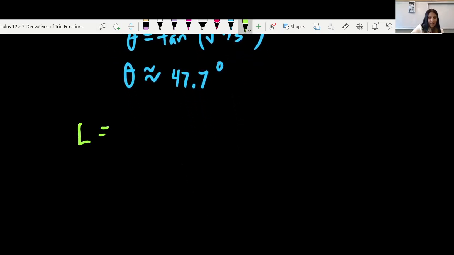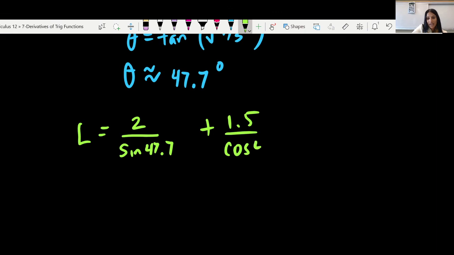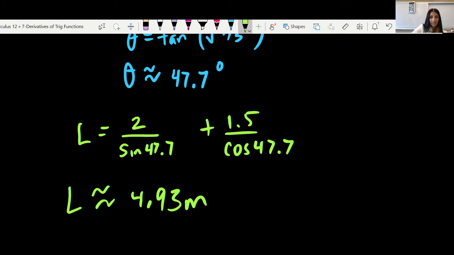So I'm going to say L is equal to 2 over sine 47.7, plus 1.5 over cos 47.7. And you would want to punch this into your calculator, and when you do that, you would get 4.93 meters.